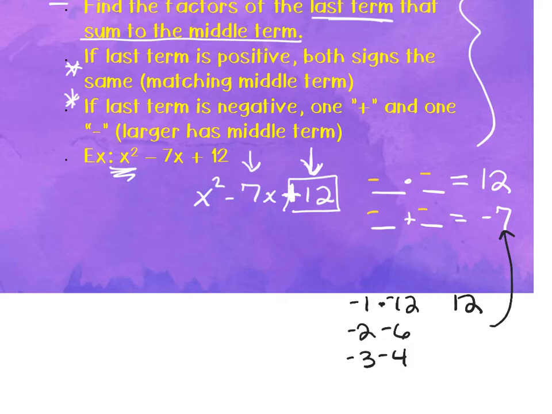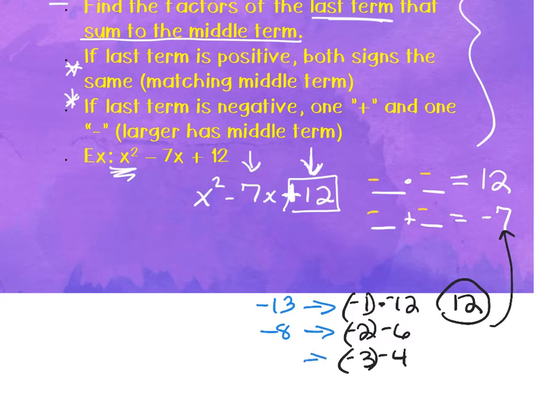Now that I've listed all of the ways to multiply to get positive 12, I go back and see when I add these two, do I get negative 7? No, I get negative 13. When I add these two, I get negative 8. And finally, when I add the very last one I found, I get negative 7. So those are my two factors of 12 that give me the middle term when I add them.